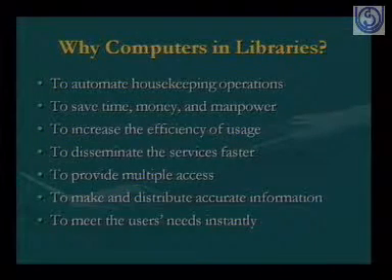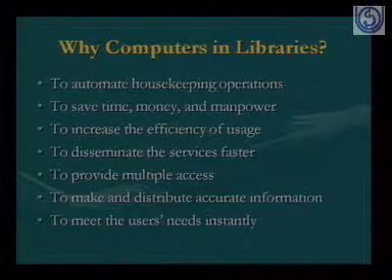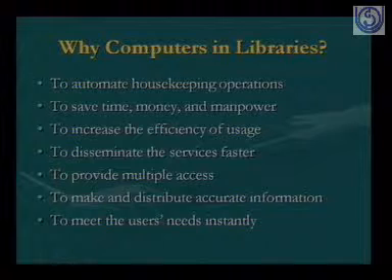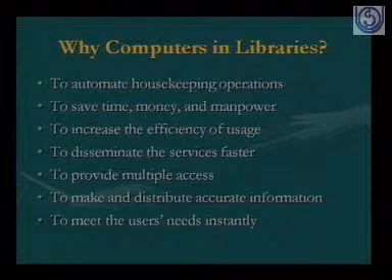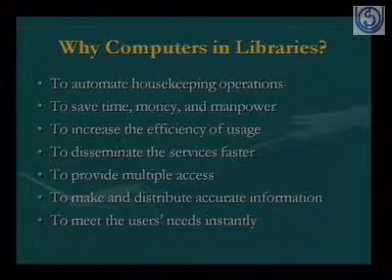If you take automated housekeeping operations, it involves a lot of activities. Say, for example, acquisition. It starts from getting requests from the users to subscription to journals and books also.